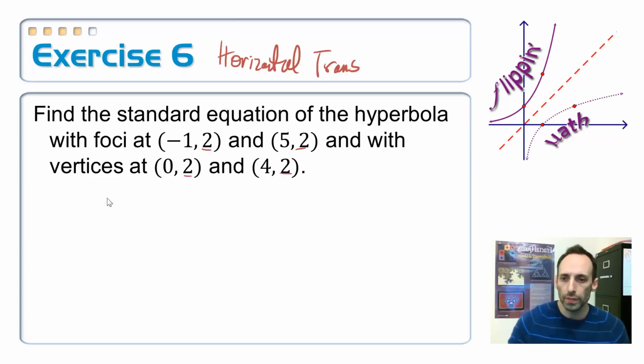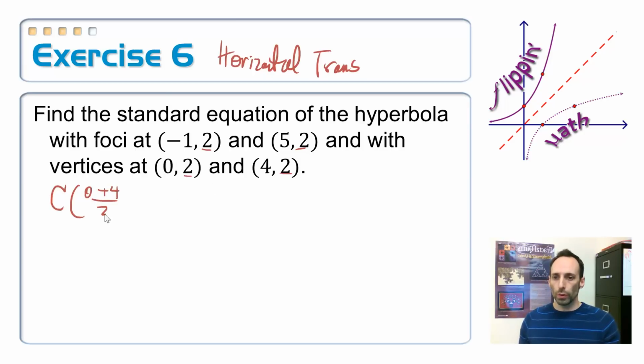So let's find the lengths of these things. First of all, the center point. The center point is at the average between the vertices, or the average of the foci, which will give you the same number. So (0 plus 4) over 2, and the y coordinates are staying the same. So this is (2, 2). So there's the center point.